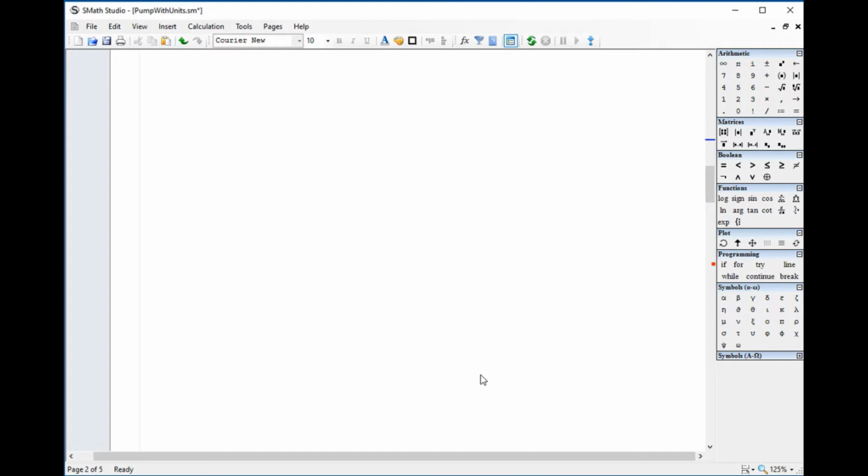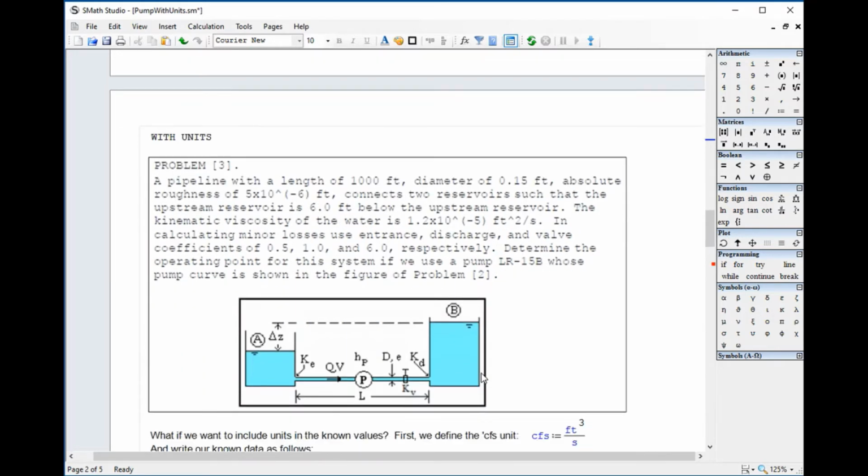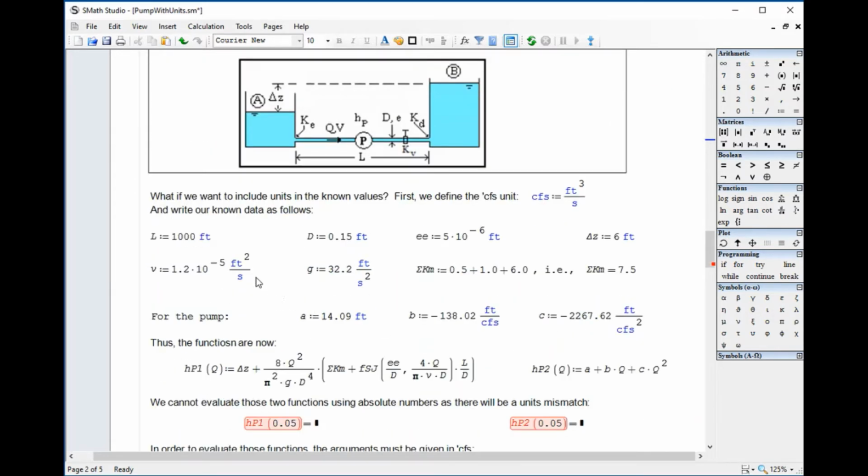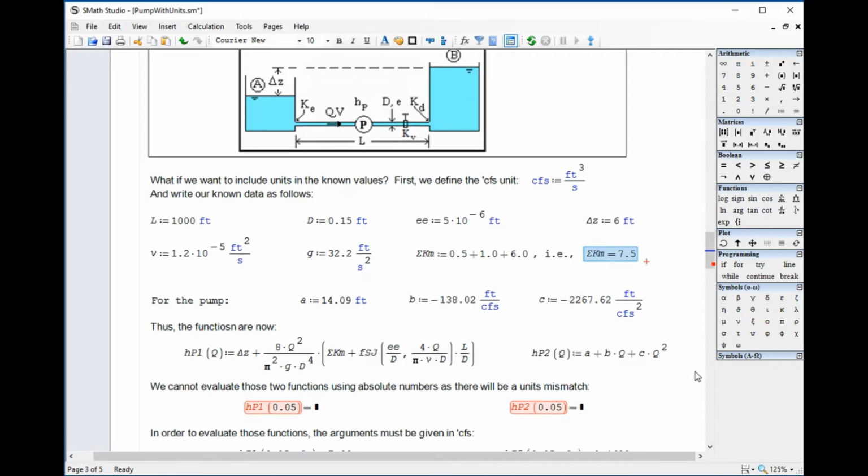Now we're going to repeat the same thing, same problem, but this time we are going to add units to all the known variables used. The sum of minor loss coefficients is dimensionless. And the pump equation requires us to use appropriate units for the coefficients.